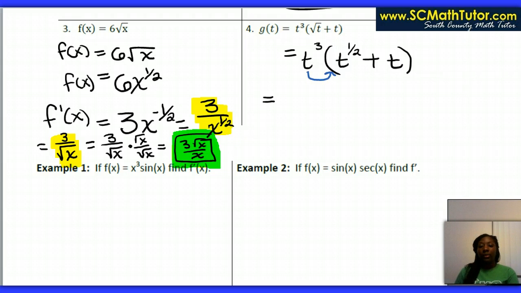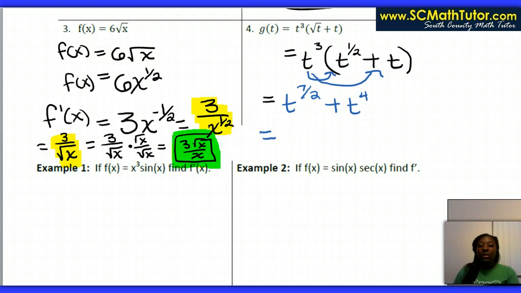So t cubed times t to the 1/2, cubed is the same thing as saying 6/2. So this would be 6/2 plus 1/2 is 7/2. And thankfully this is just t to the 4th power. Okay, so remember, when you multiply the same base, you add the exponents.